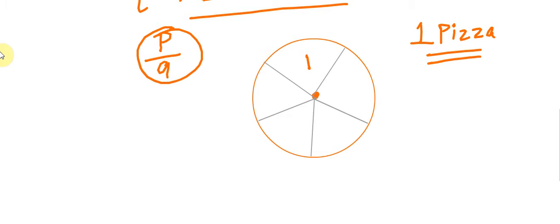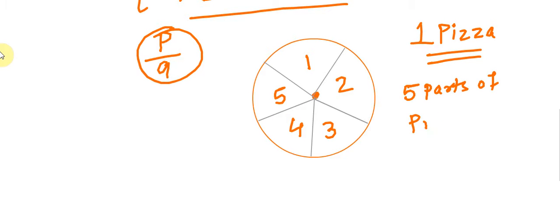So we have 1, 2, 3, 4, and 5. We have 5 parts of pizza. So here Q is 5 because we have 5 parts of pizza.